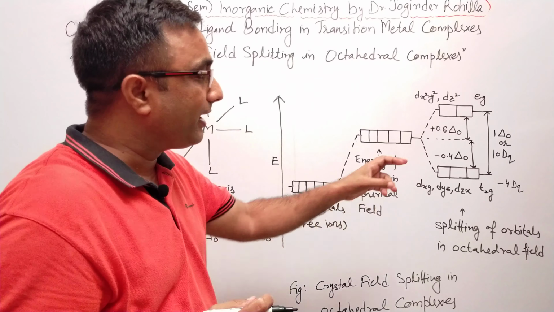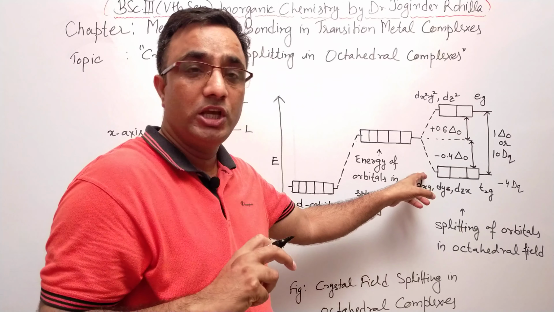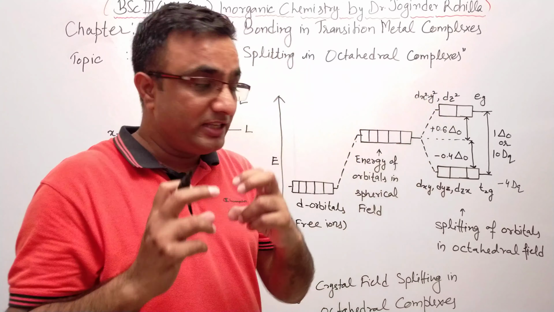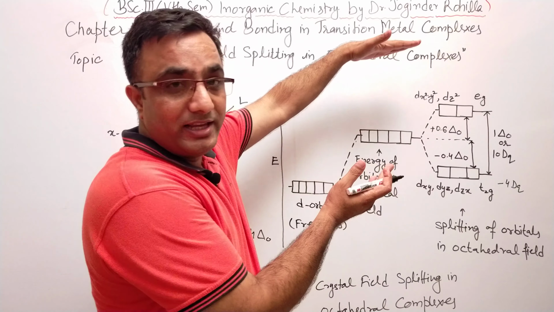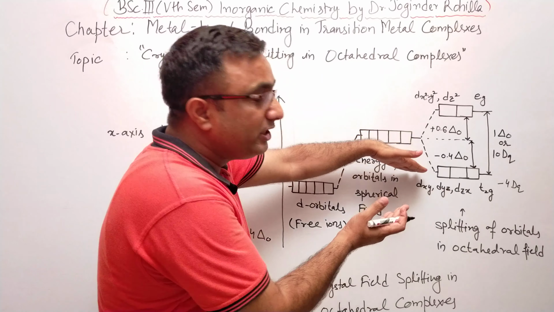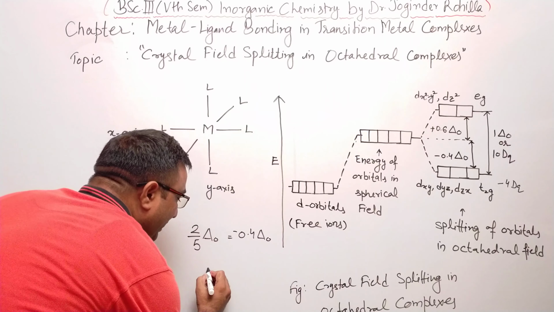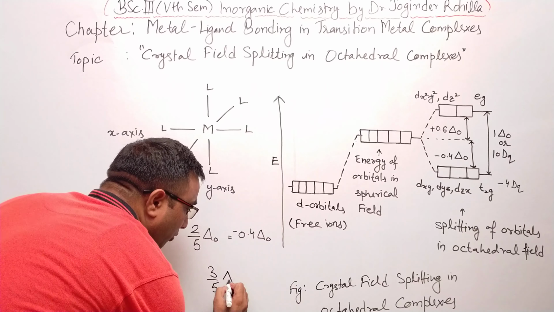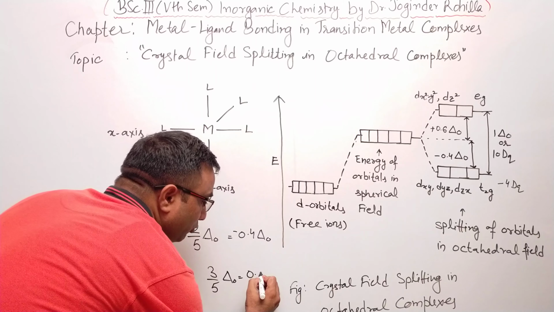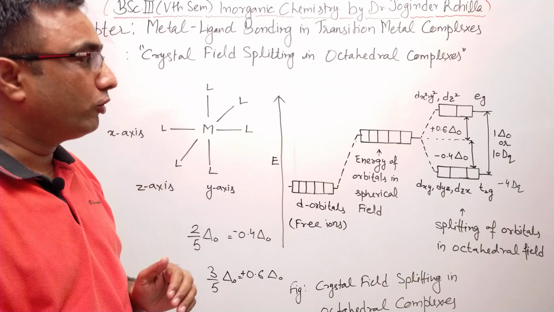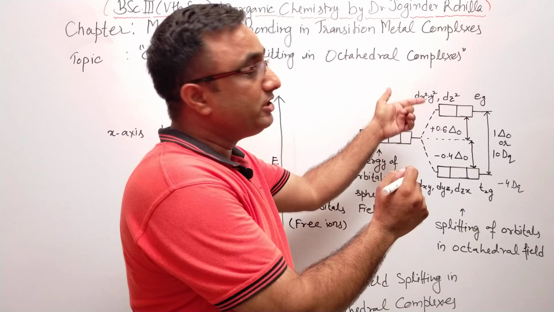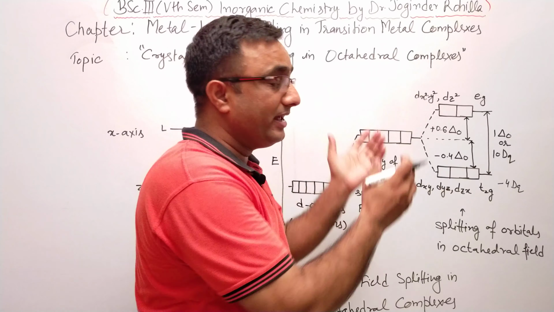This is the stabilization factor if the electron is present in a T2g orbital. And in case of Eg, how can we calculate? These two orbitals are destabilized in comparison to these three orbitals. So this can be calculated by 3 by 5 delta O, which comes out to be 0.6 delta O, and we use plus for this because it is destabilized, it has a higher energy.